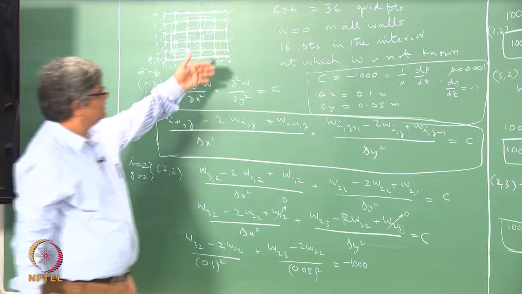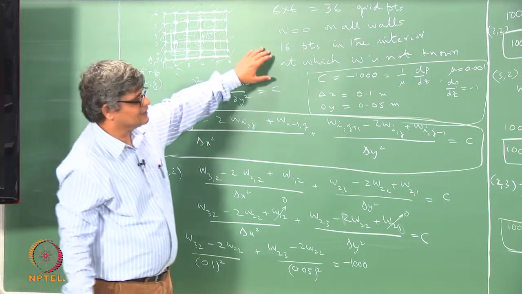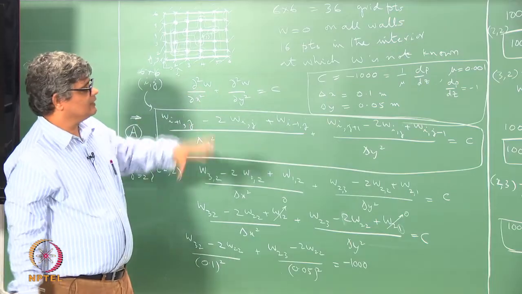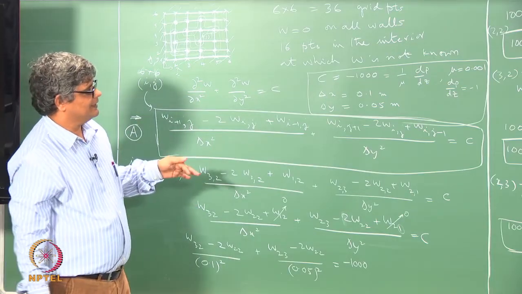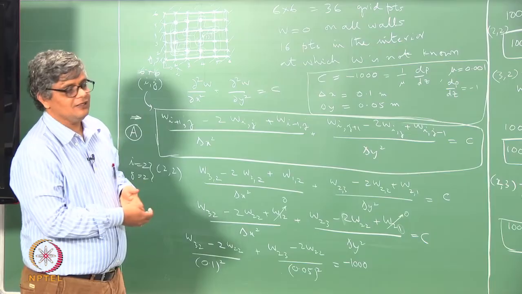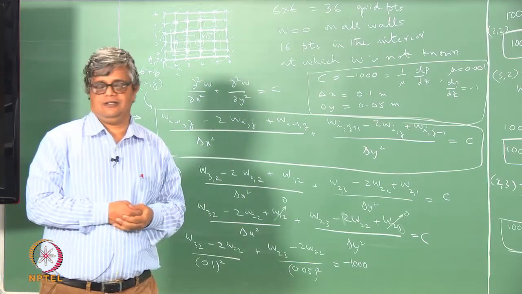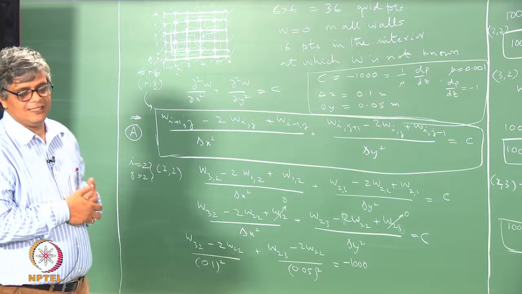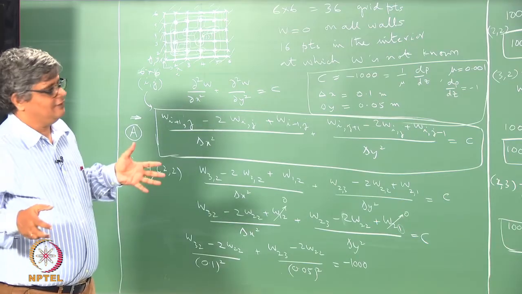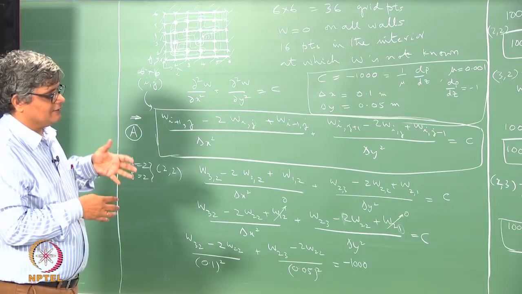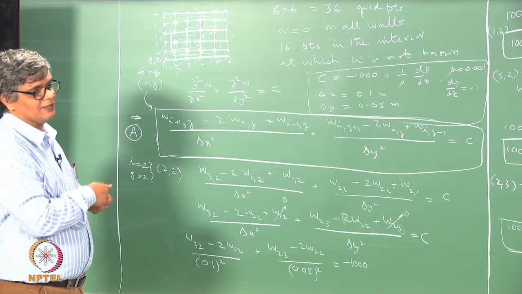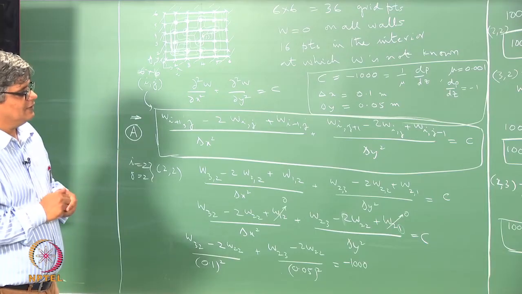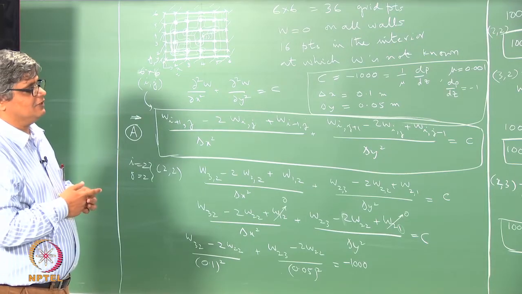So, if we apply this template for all the 16 points, then we will have 16 equations, and all the 16 equations will be such that when you put them together, no new variables are required for us to get a solution. So, we will have a set of 16 equations which together make up a sufficient number of equations to solve for all the 16 variables. So, they uniquely determine the solution.